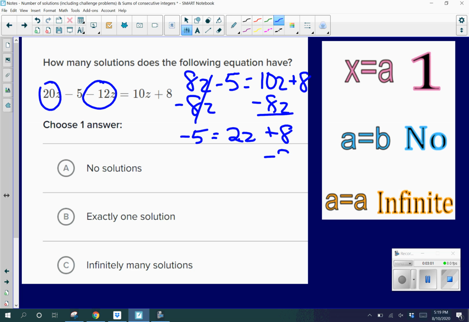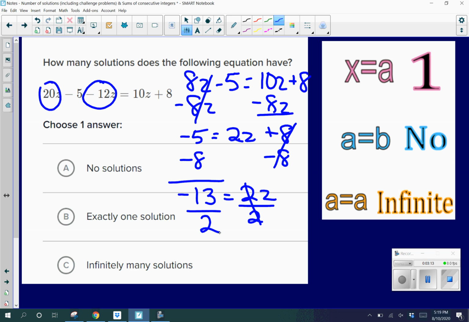Next, I'm going to subtract 8 on both sides. That leaves me with -13 equals 2z. And I can see here I'm going to end up with a fraction as my answer, which is fine. That means we got z equals -13 over 2, which would be an example of x equals some number. In this case, they have a, but in this particular problem, it equals -13 over 2, or -6.5. So this would be exactly one solution.